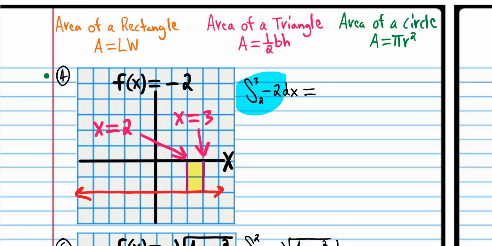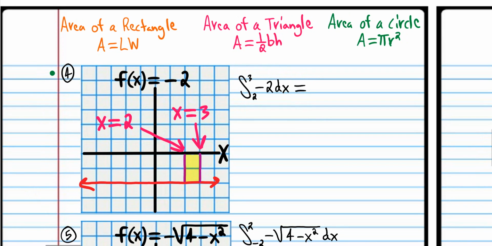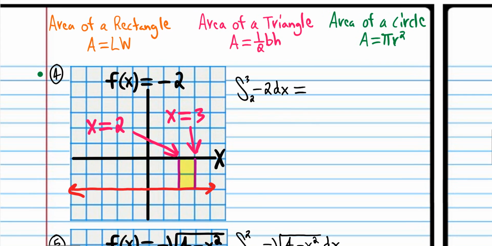Remember, if you see a definite integral, specifically, it's asking you to find the area under this curve here, which is that yellow area down there. And remember, it's going to be negative because the area is below the x-axis. So try number 4. When you come back, we'll do it together.